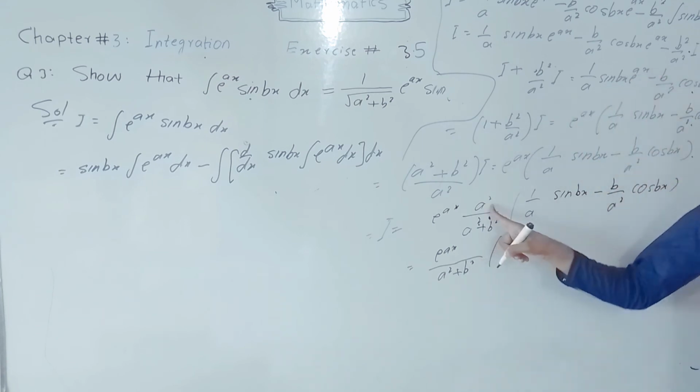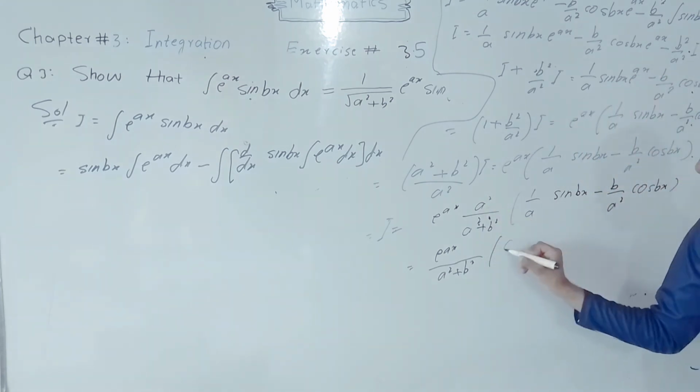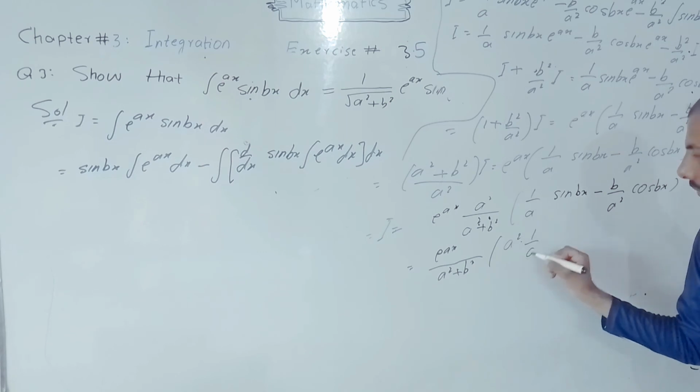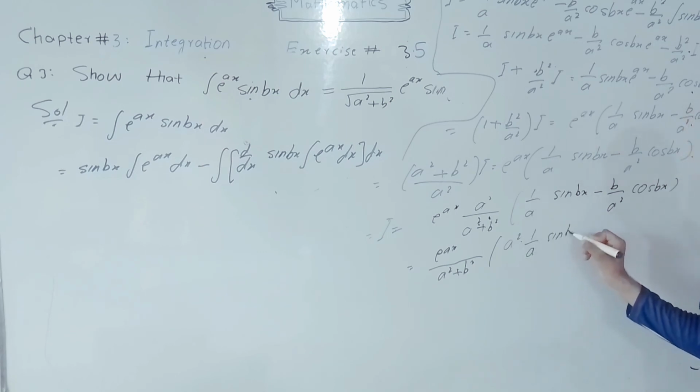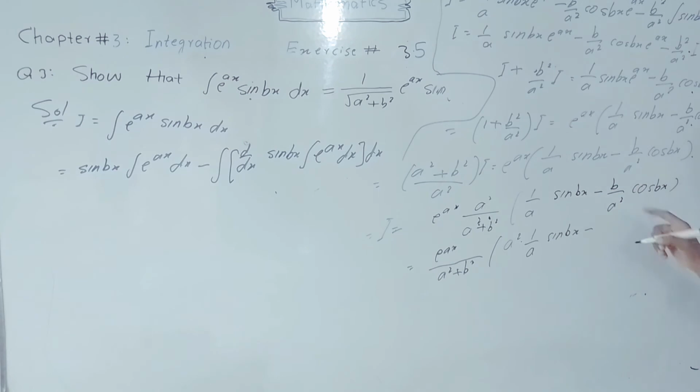So multiply a square dot 1 divided by a sin bx minus a square dot b divided by a square cos bx plus c.